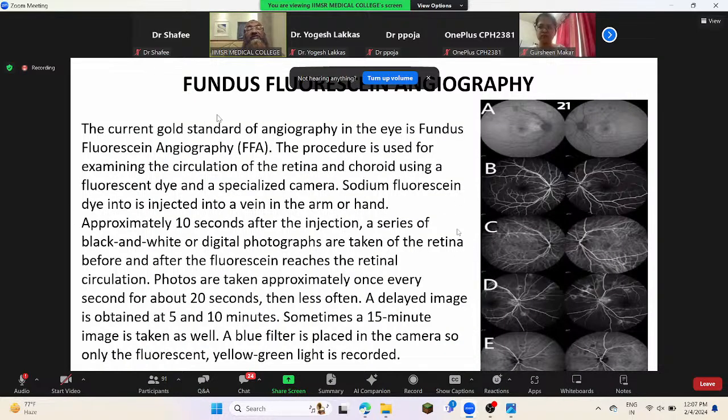The current gold standard, however, is angiography, the fundus fluorescein angiography. The procedure is used for examining the circulation of the retina and choroid using a fluorescent dye and a specialized camera.